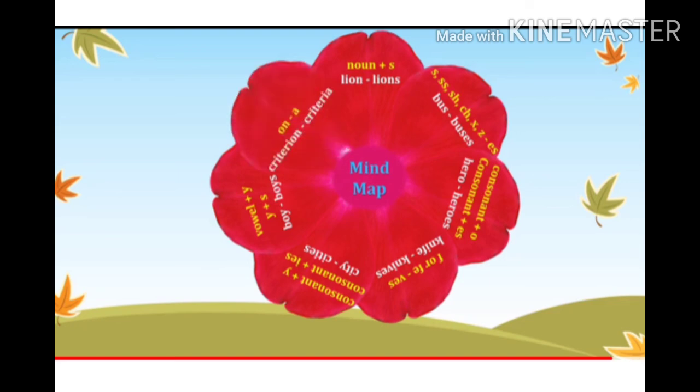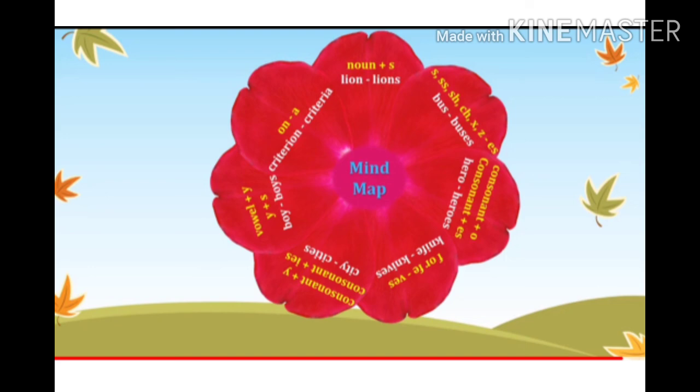Rule number 7. If your singular noun is ending with on, just cut on and write a there. And your singular noun will become plural noun. For example, criterion has on in the end. Just cut it and write a. And here you have changed all the singulars into plurals.